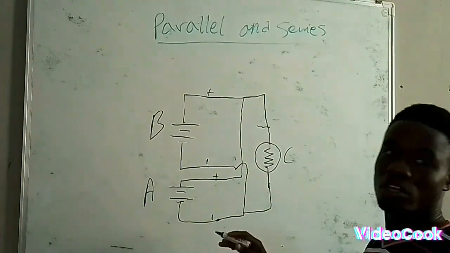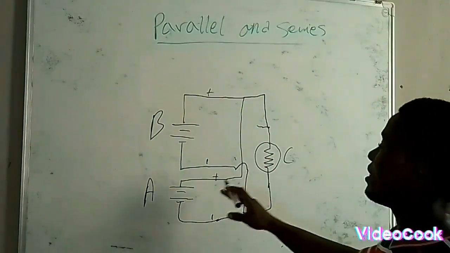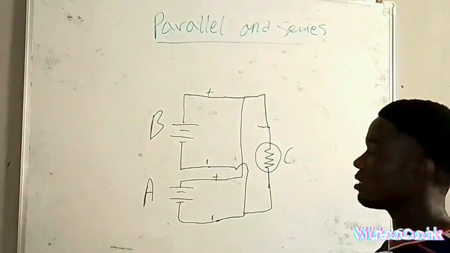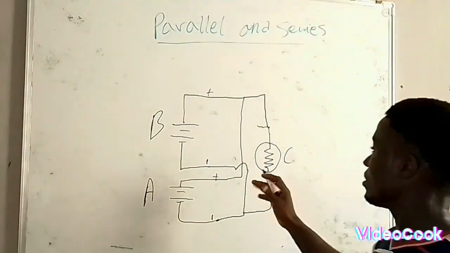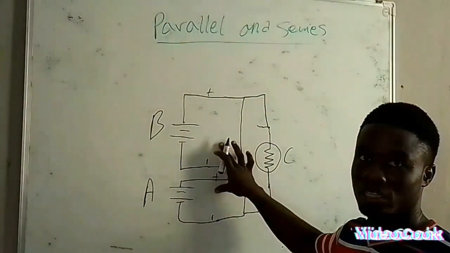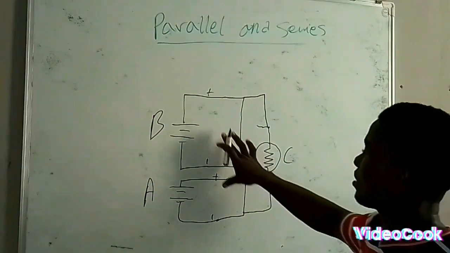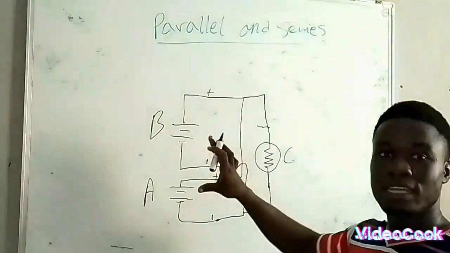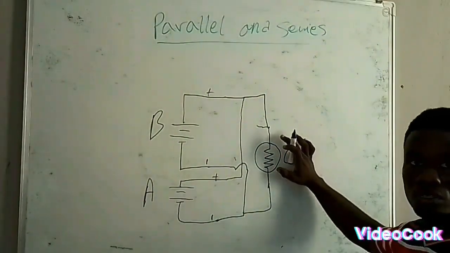So for the two batteries, both batteries A and B have a direct transfer of energy to the load. That is where parallel connection is being established in a circuit. So in other words, both batteries are in parallel, and at the same time, both batteries are in parallel to the load.